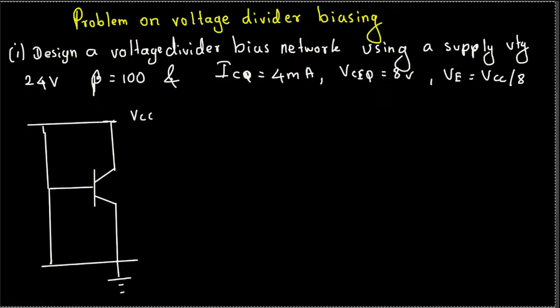So the circuit is going to look something similar to this, and here we will have a resistor, resistor, resistor, resistor.